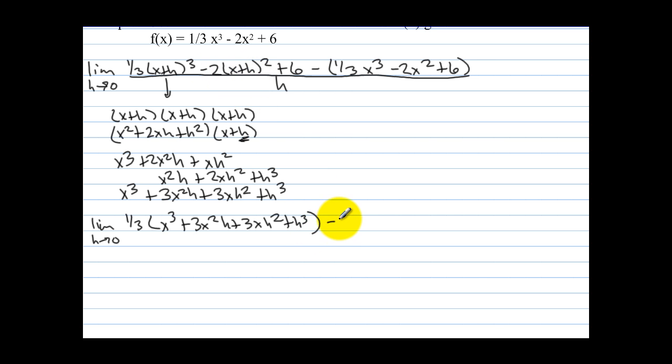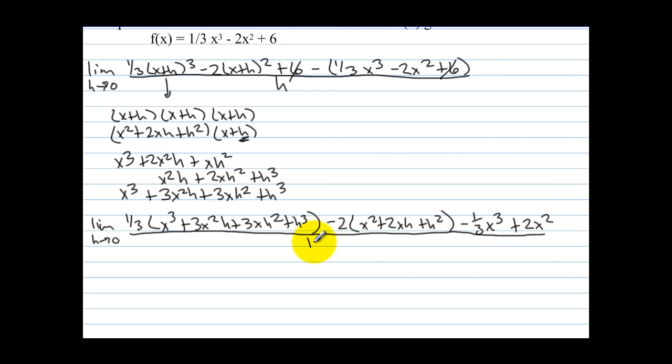So we have minus 2 times x squared plus 2xh plus h squared plus, well, we have 6 minus 6. That's going to be gone. That'll cancel. And then we have minus 1/3. So I'll erase this plus. We have minus 1/3 x to the third, and then plus 2x squared. And that, once again, is all over h.